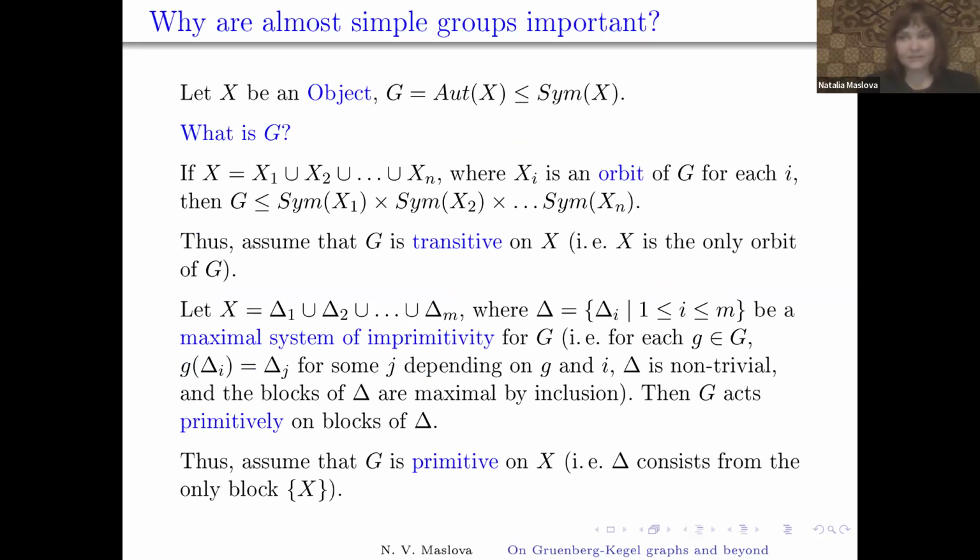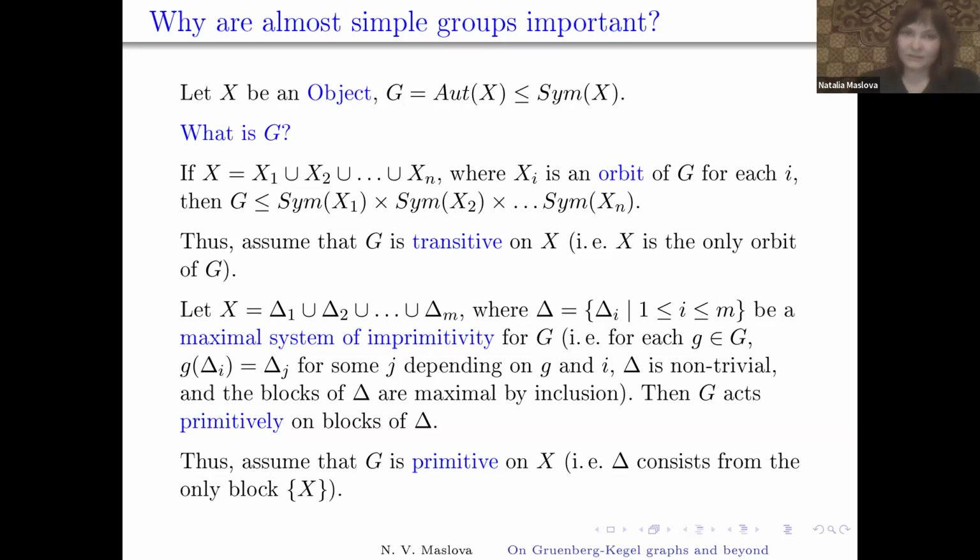And why is it interesting to consider almost simple groups? Probably it's a very small class of groups and it's not interesting. It's not right. If we take an object and the automorphism group of this object, and we want to look at this group, what can we do? First of all, we can consider the orbits of this group.